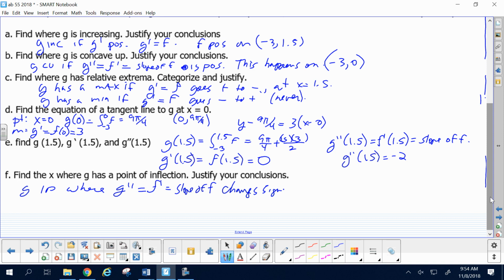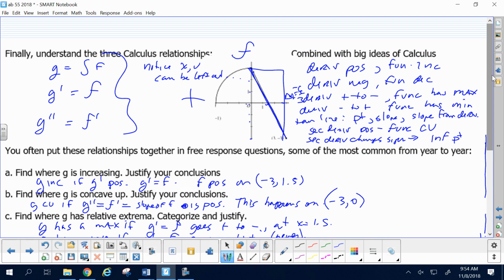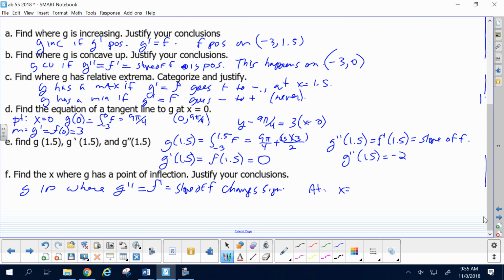Where does the slope of F change sign? It's positive here, do you agree? Okay, and then it turns negative, so it's at x equals 0. Inflection point at x equals 0. It just said find the x value, so we don't have to find the y value. Although, I guess we already had G at 0 somewhere.